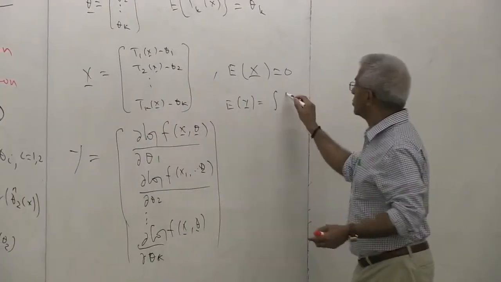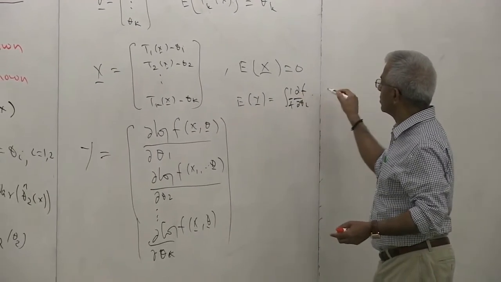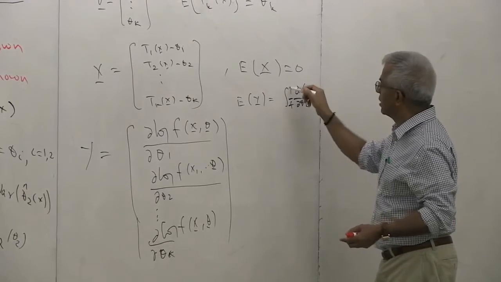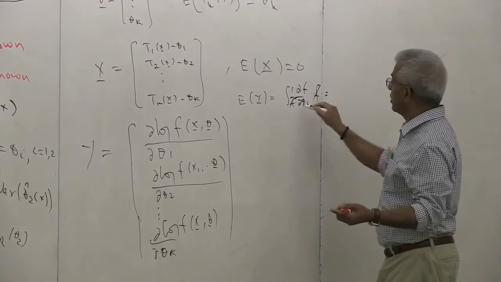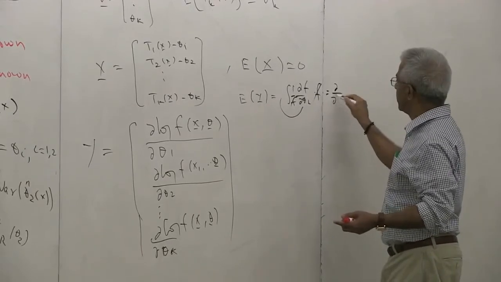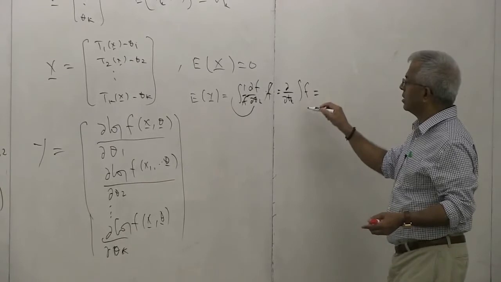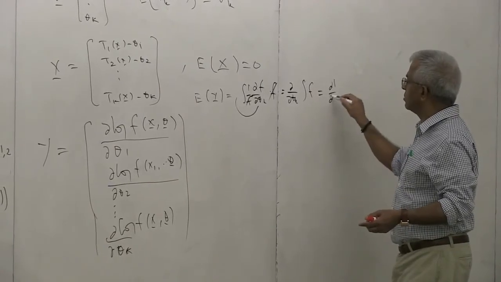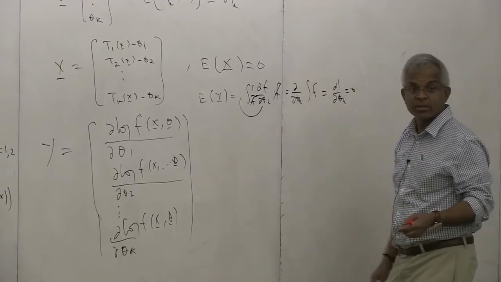This is df by d theta k times 1 over f. Then the integral multiplied by f cancels. Then if the regularity condition is true, the d by d theta k goes outside. So you get the integral of f, which is 1, so that's going to be 0. This is true for all of them, right?